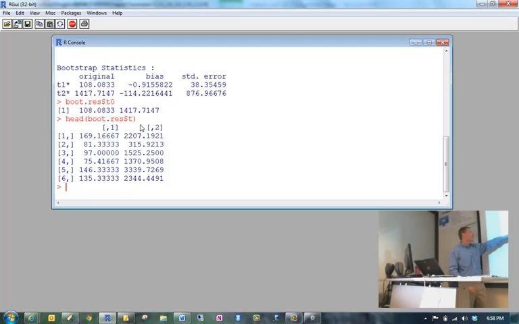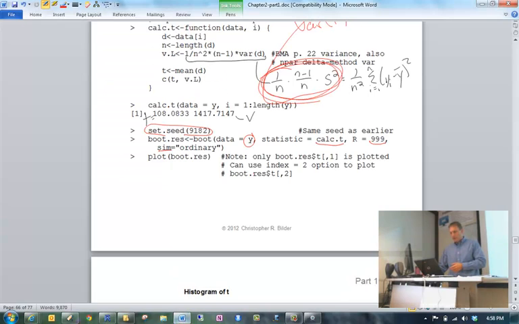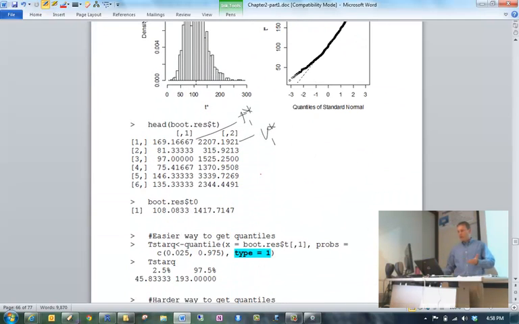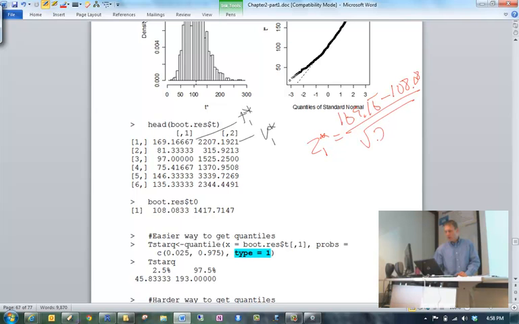Here are the t stars, here are the v stars. So as I show in the notes, if I wanted to calculate z1 star, it would be 169.16 minus 108.08 divided by the square root of 2207.19. That would be z star 1.